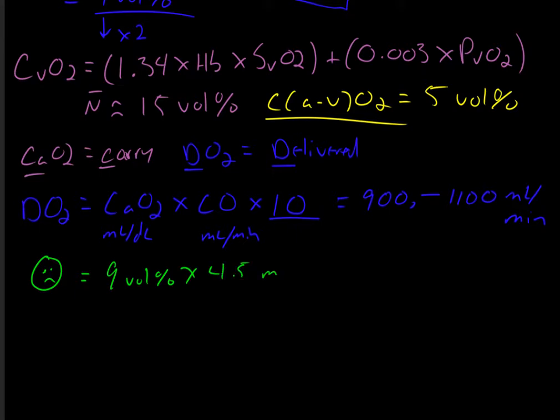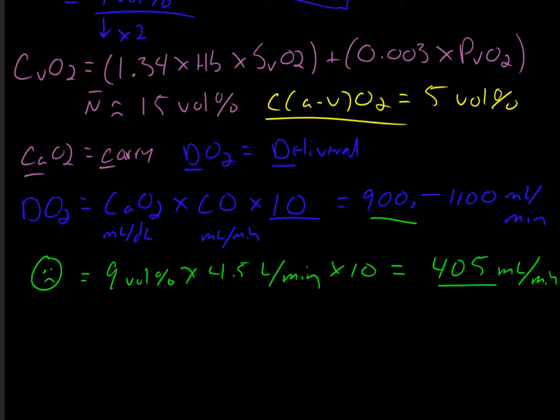So it's a relatively lower end of cardiac output. So 4.5 liters per minute times 10. And that will give us a DO2 of 405 mLs per minute.